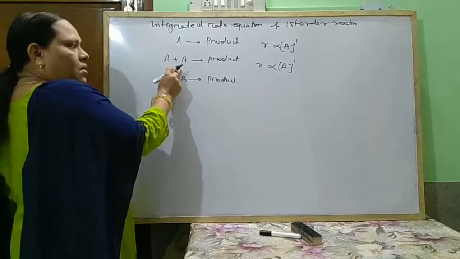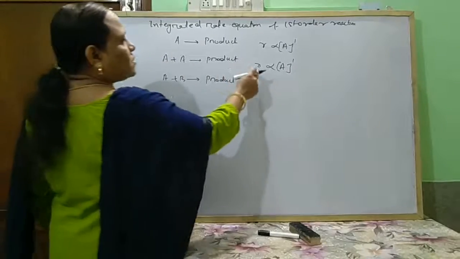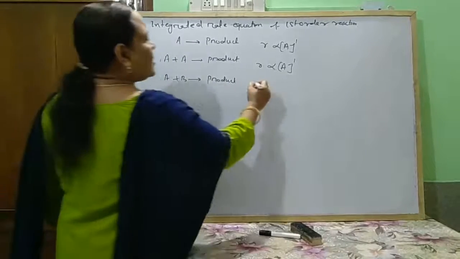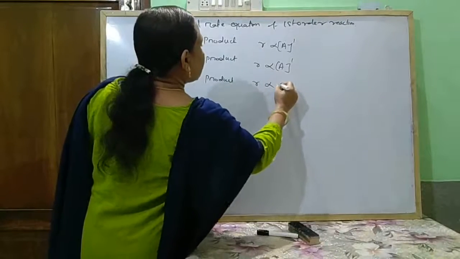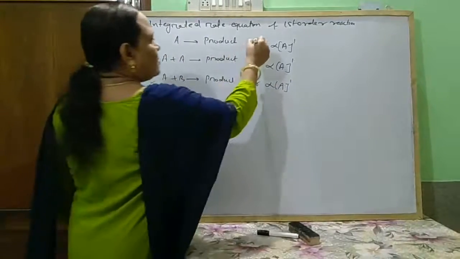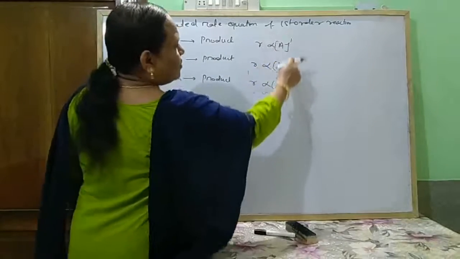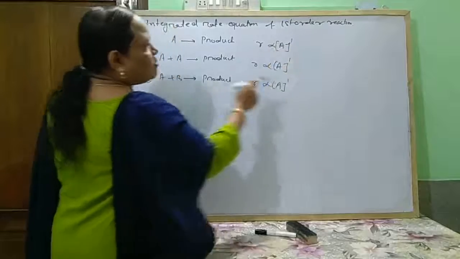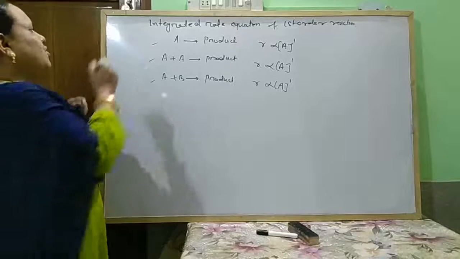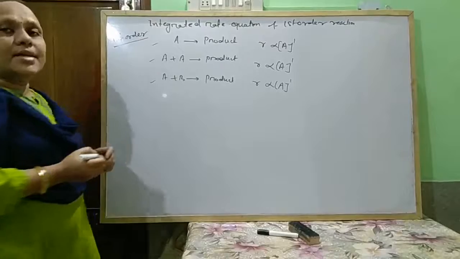Although there are two reactant species, the rate depends on only one. If the rate depends on the unit power of only one reactant term, then this is known as a first order reaction.